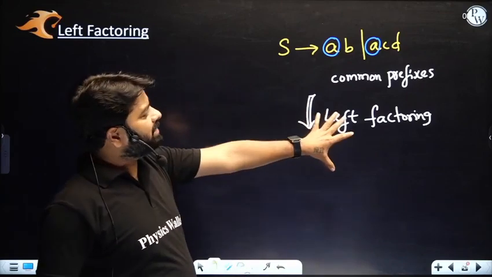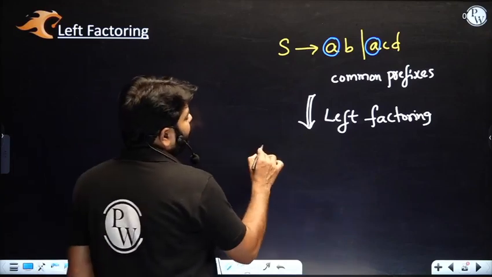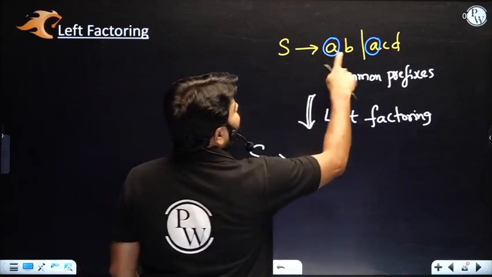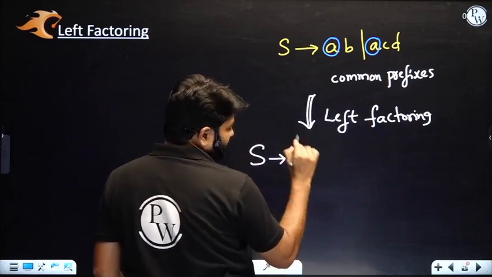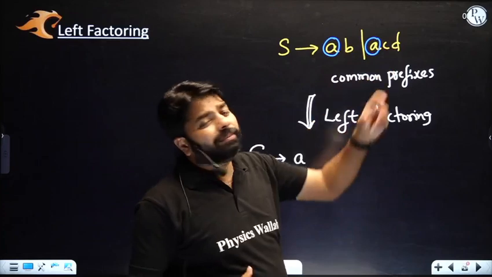So left factoring is nothing but eliminating common prefixes. Now what we get here: S derives A, which is there in both the productions, so you keep it only once. Now I need to take a new non-terminal that will take care of the remaining portion.